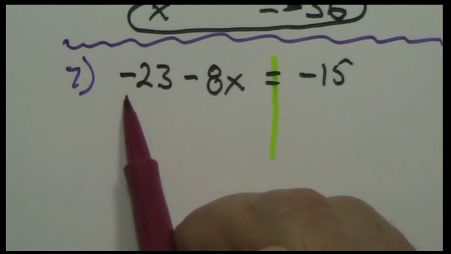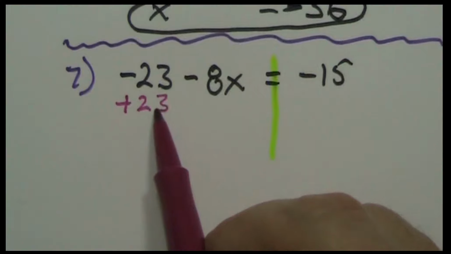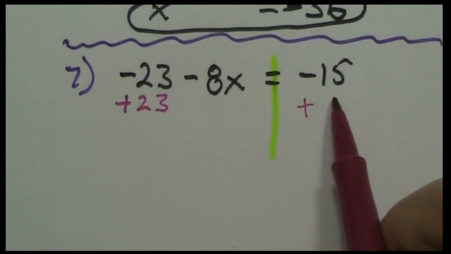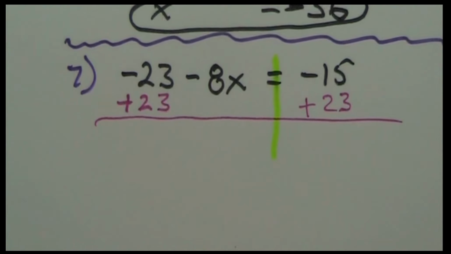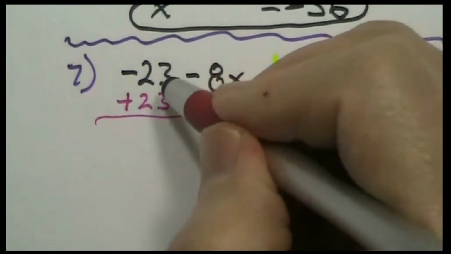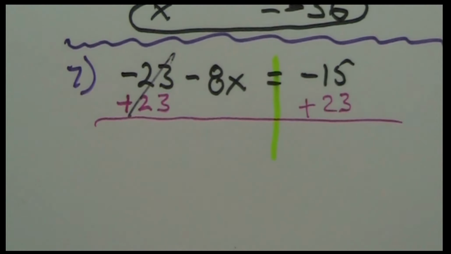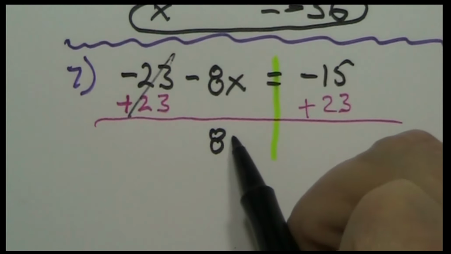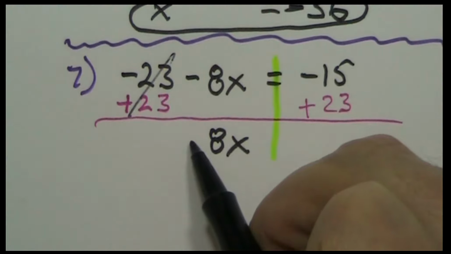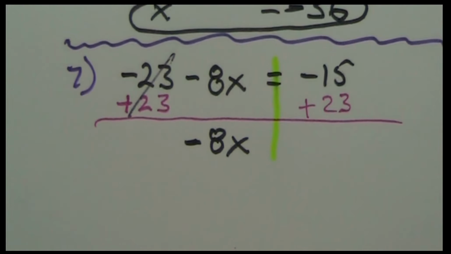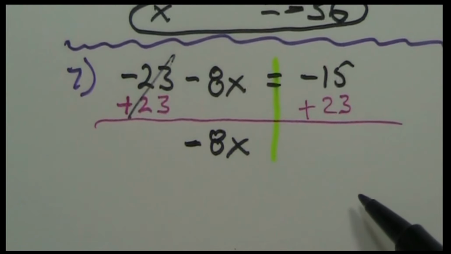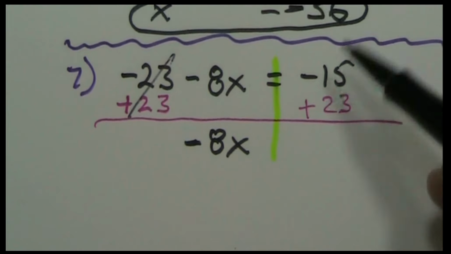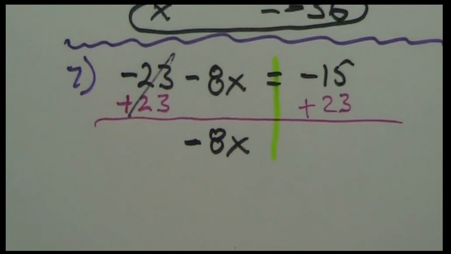So I want to add 23. And if I do that, this is 0, and you're just left with, just bring it down, negative 8x. Okay, 23 minus 15. Right, because there's more positives. 23, take away 15. What is that? 8.